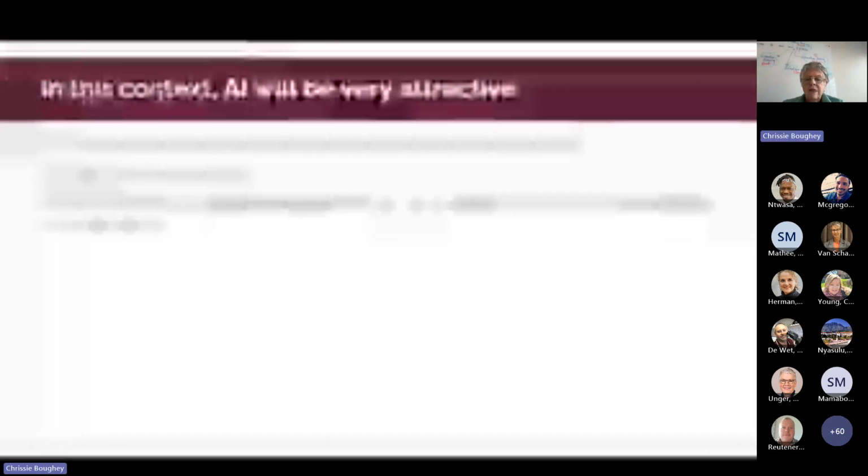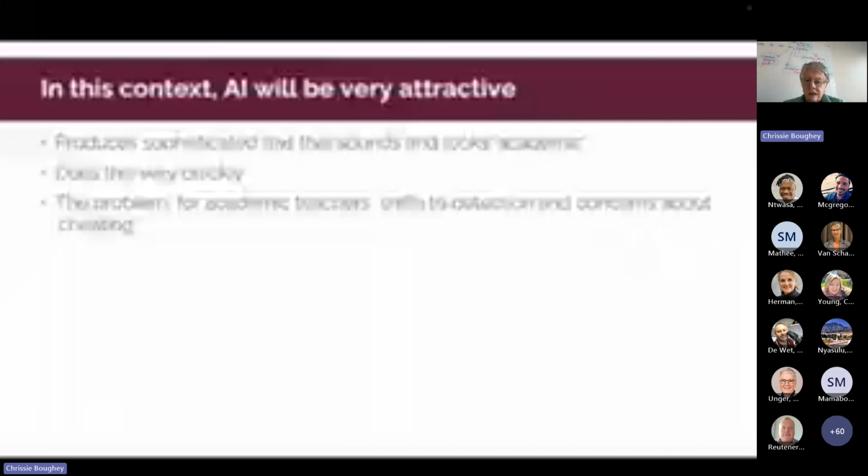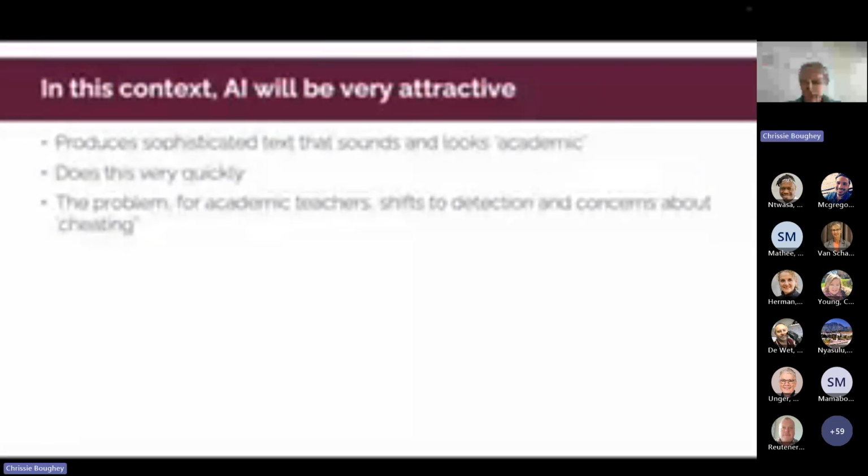It produces a sophisticated text that sounds and looks academic. And that's what the teachers want. That's what you want. The students understand, they know you want that. It does it very quickly.